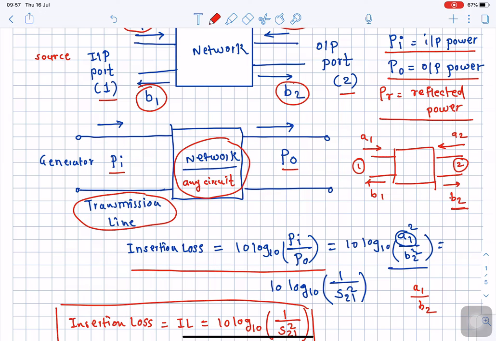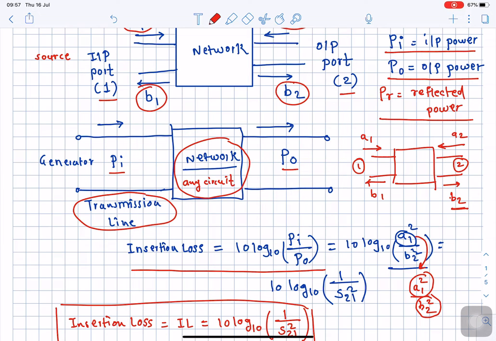Okay, and they are squared because these incident and reflected waves are representing the voltage. Anyway, we are dealing with the power, so that's why we are going to square the reflected and incident waves and take the logarithmic scale. If you take the ratio, you take A1 in the denominator.